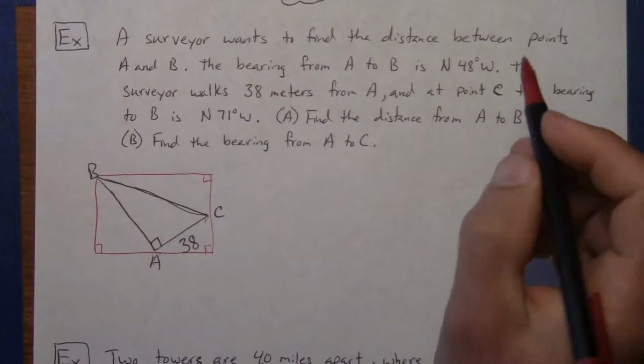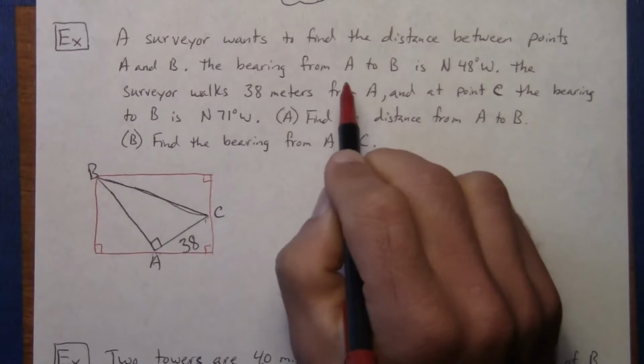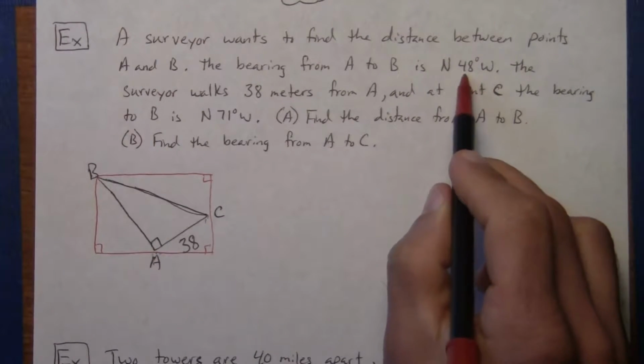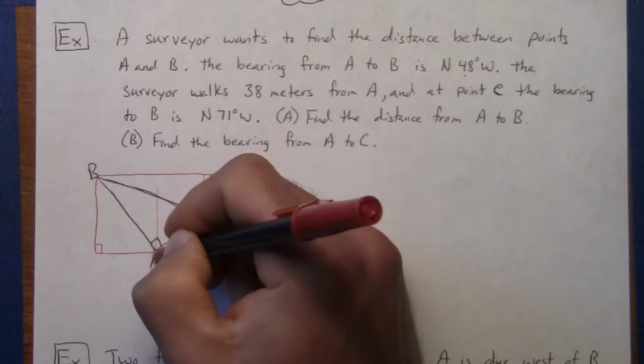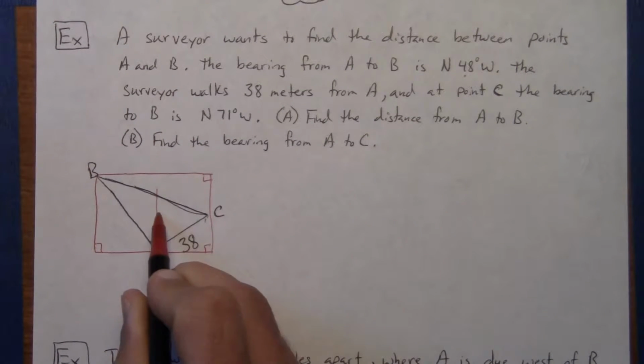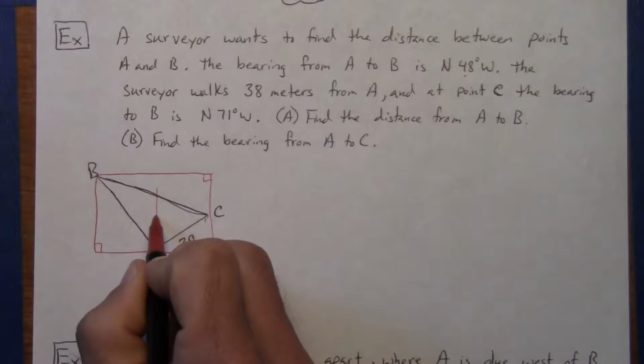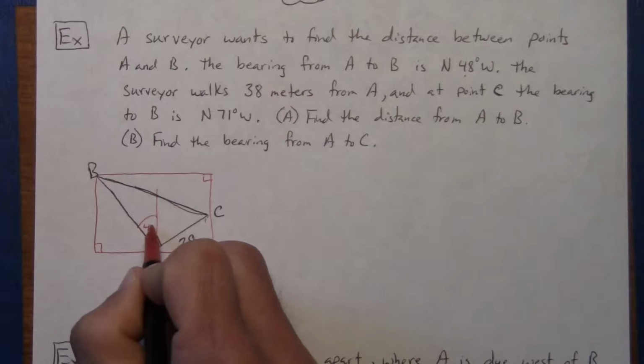So I'm going to label the couple things that they gave me here. It said that the bearings from A to B is north 48 degrees to the west. So if I drew a vertical line here, north 48 degrees to the west, this is 48 degrees.